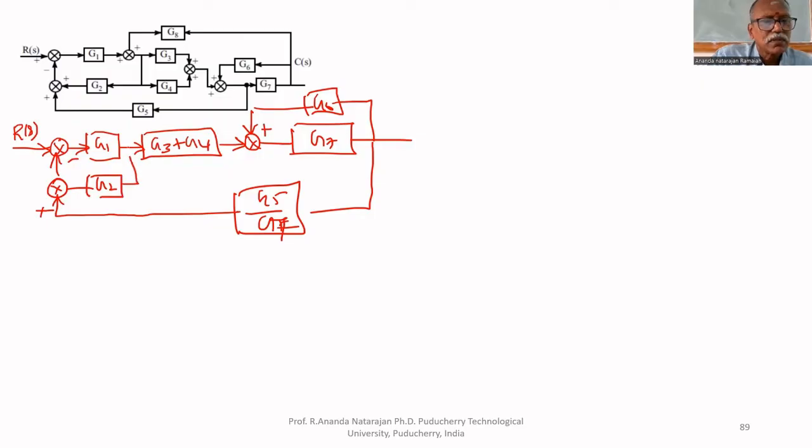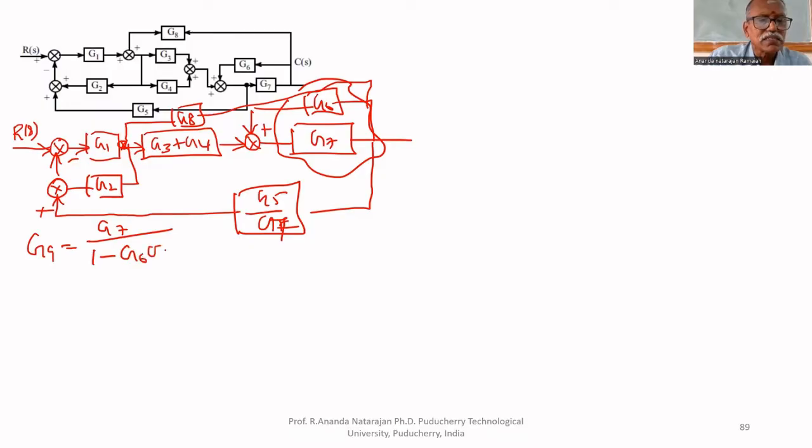G2 that is coming from here. One summing junction is there. G8. That's all. Therefore, G9 equals, now this can be simplified, G7 upon 1 minus G6 G7.